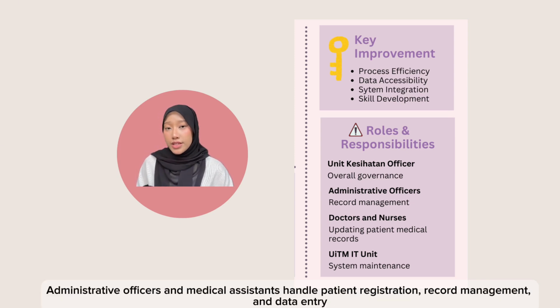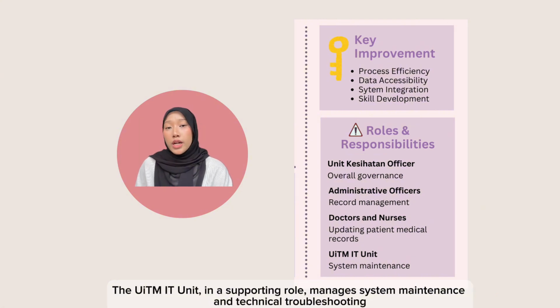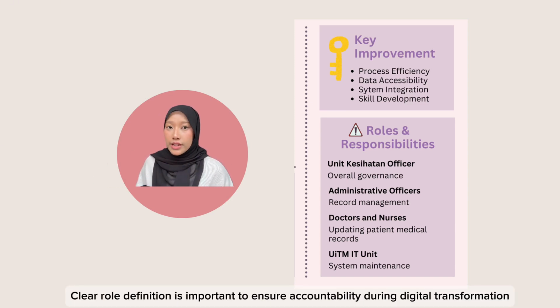Administrative officers and medical assistants handle patient registration, record management, and data entry. Doctors and nurses are responsible for clinical documentation and updating patient medical records, while the UiTM IT unit, in a supporting role, manages system maintenance and technical troubleshooting. Clear role definition is important to ensure accountability during digital transformation.